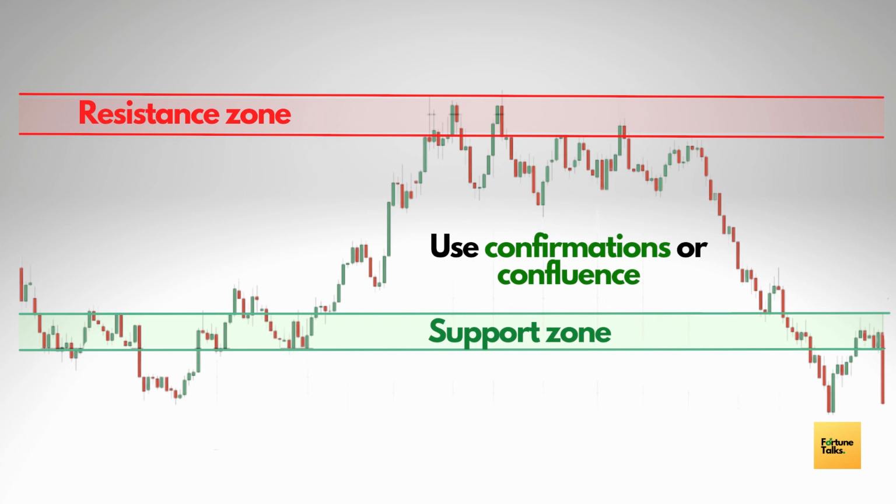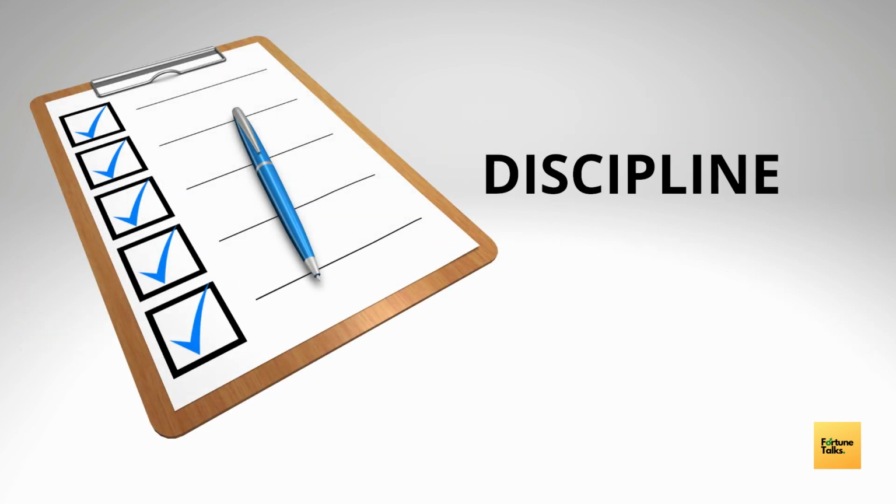So make your own system and create a checklist, because the checklist has another advantage. It helps you to be disciplined. Because discipline, as they say, makes up 80% of a trader's success. So in my opinion, the checklist forces you to be disciplined. It will also help you to avoid taking abrupt and reckless trading decisions.